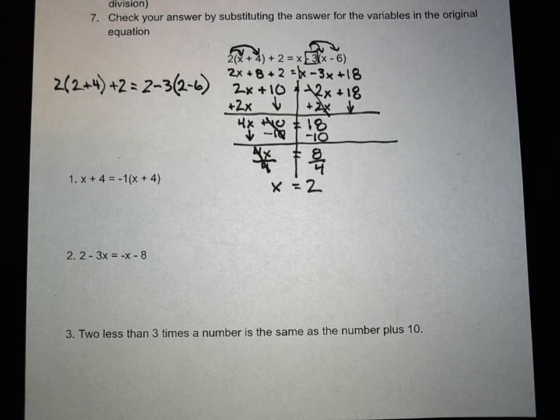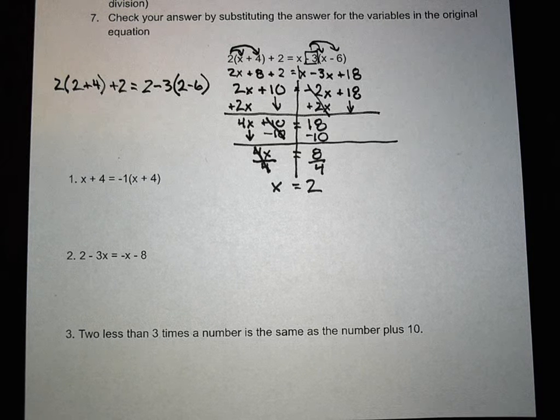So on your second line, it should be x plus x. You just do negative 1 times x, which is negative x. And then you do negative 1 times 4, which is just negative 4. So then you put x plus 4 is equal to negative x plus negative 4.